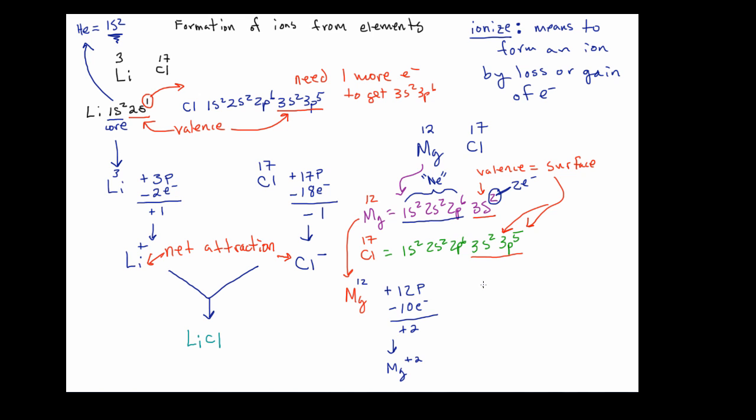All right, so let's see how this is going to work. So we're going to have our Cl 17. See, there are 17 protons in the nucleus, and each chlorine can only take on one electron. So we're going to be adding a charge of -18 to that for a net charge of -1. So the Cl is going to go to Cl-. Now, when you compare Mg plus 2 to Cl-, hopefully you're with me on this.